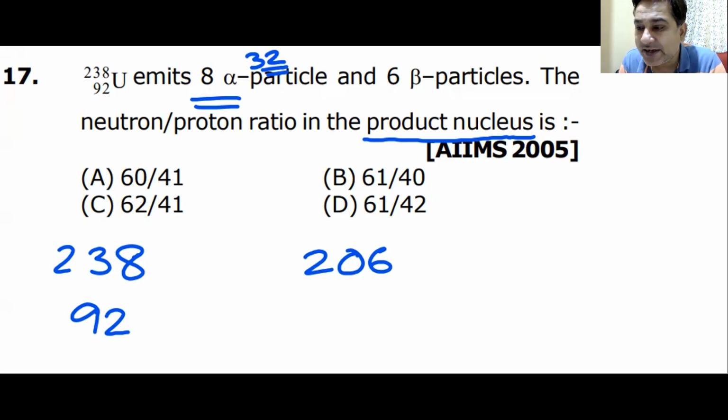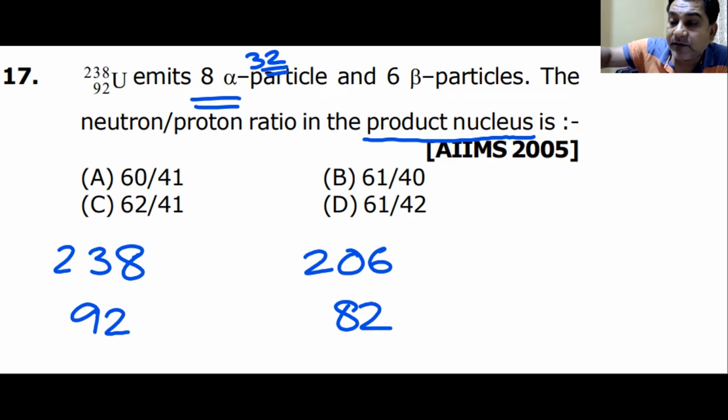So it will decrease by 10. So the new number would be 82. 206 is the mass number and 82 is the atomic number.